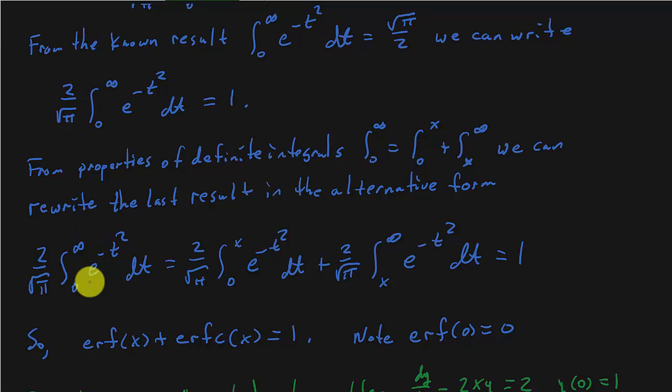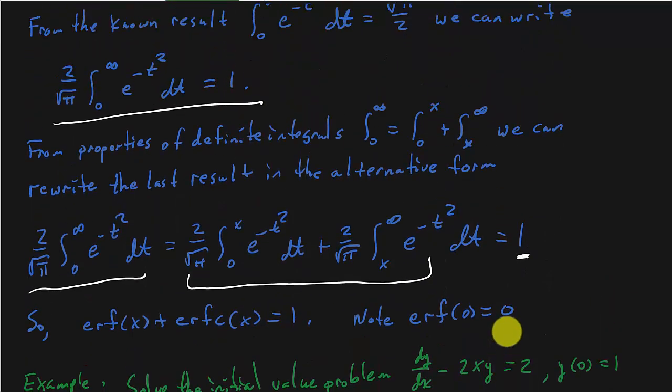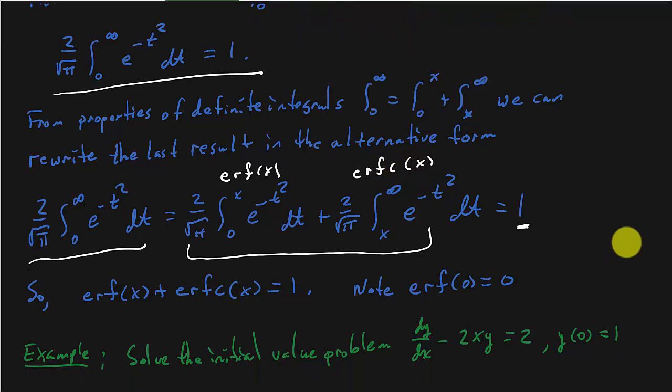I'm just splitting the integral up, and we know that's equal to 1. So this is just the error function, and this is the complementary error function. These two added together are 1. And let's make a note that the error function evaluated at 0 is 0.